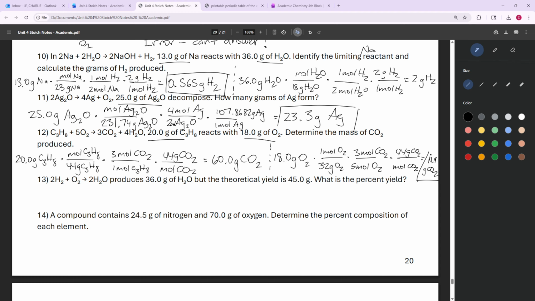So looks like that's our smaller number. That means oxygen is our limiting reactant, and we can only make about 15 grams of CO2.